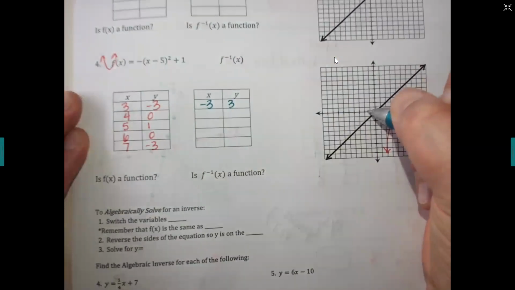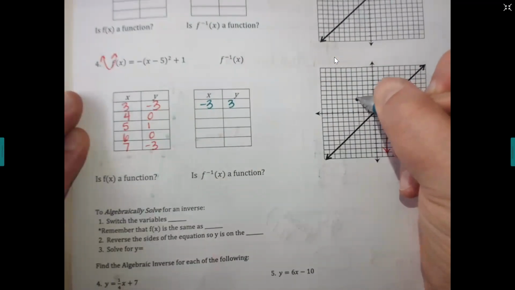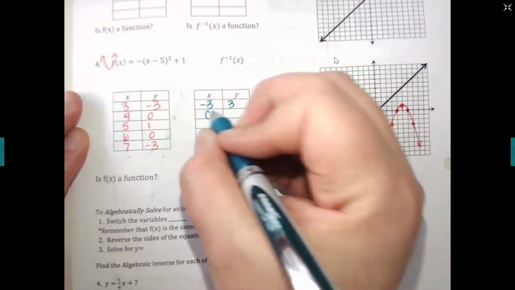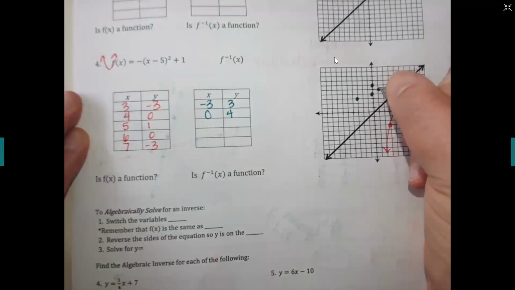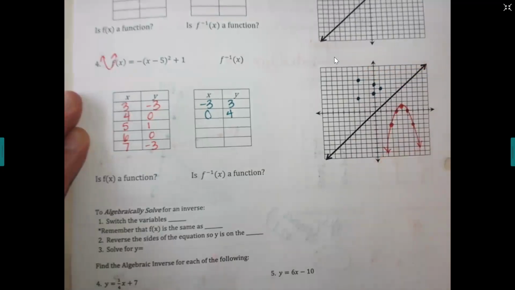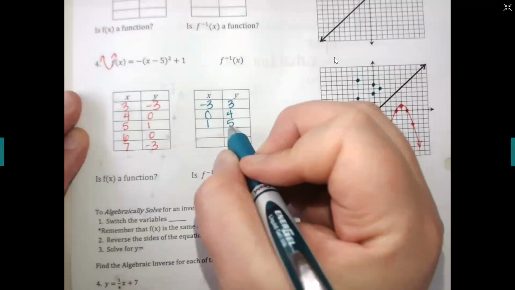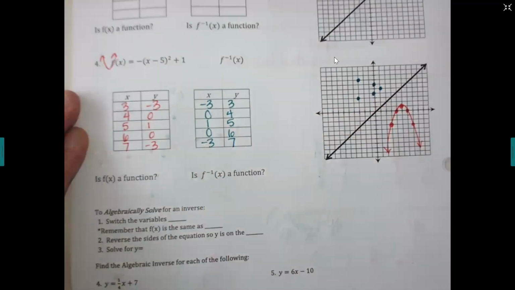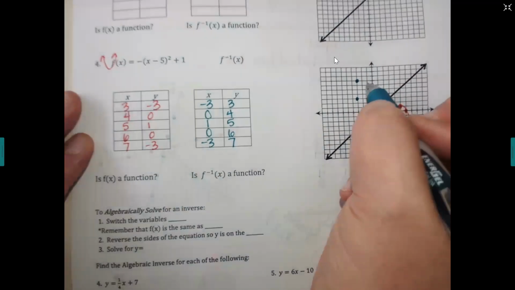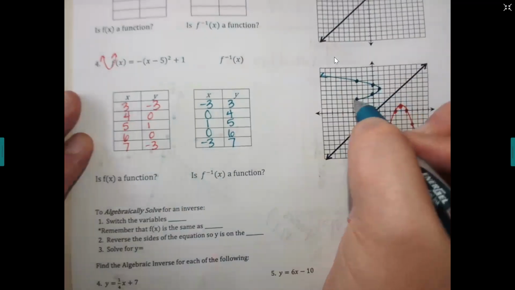Negative 3, 3, 1, 2, 3, 1, 2, 3. Okay, then I'm gonna graph my little thingy here.